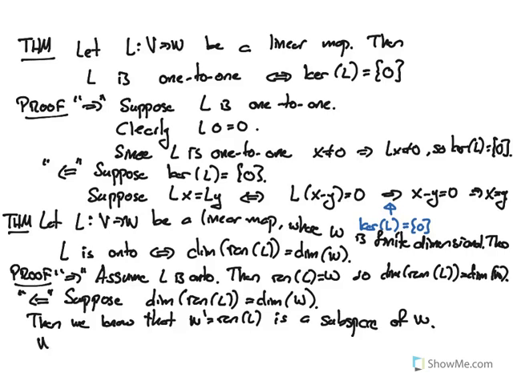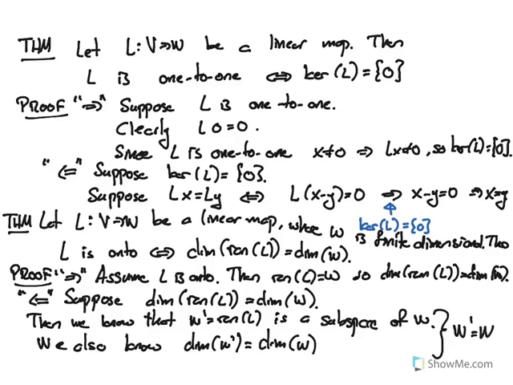And we also know that the dimension of W prime is equal to the dimension of W. And then we had a theorem in a previous section that says that the only subspace that has the same dimension as the ambient space is the ambient space itself. So in this case, W prime is equal to W, which is precisely to say that L is onto.